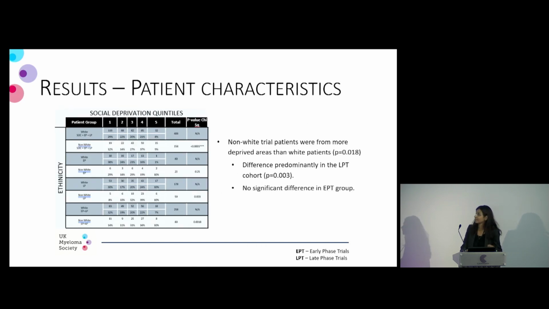In terms of ethnicity, we had a lot more white patients than non-white patients, and the non-white patient cohort were from areas of higher social deprivation than their white counterparts. The difference was more pronounced in the late phase trials groups than in the early phase trial groups.